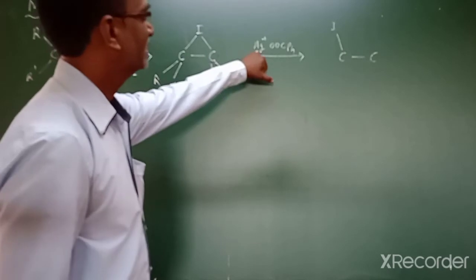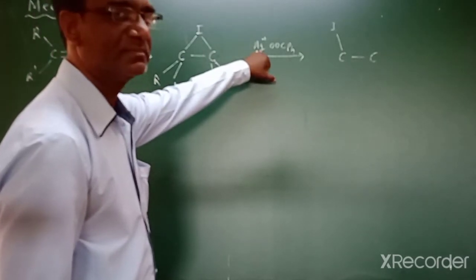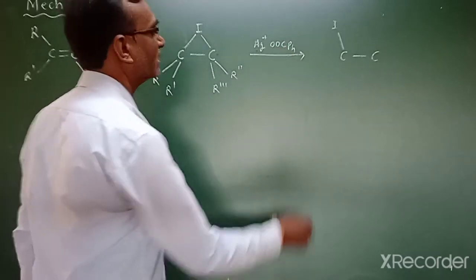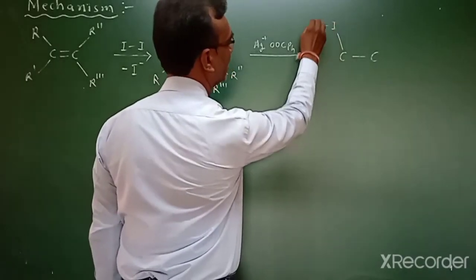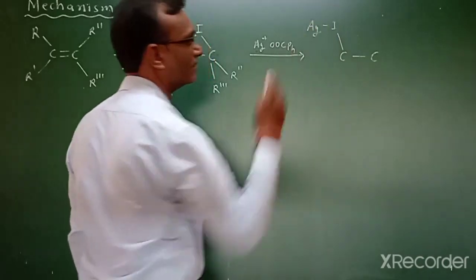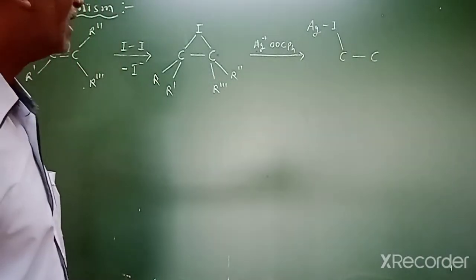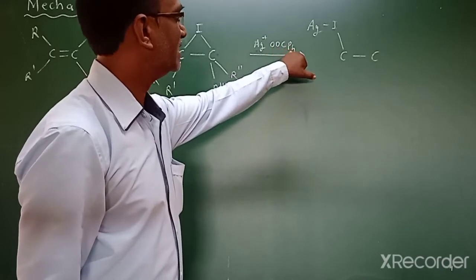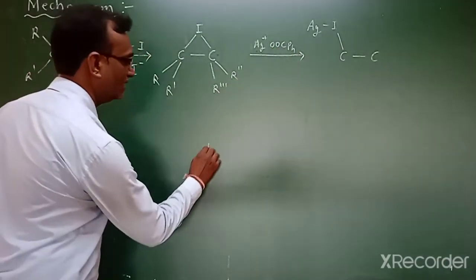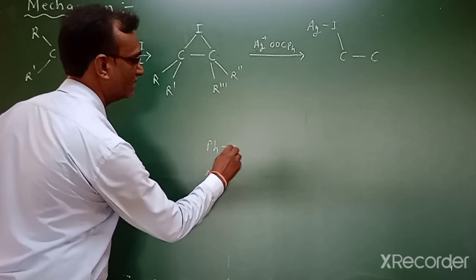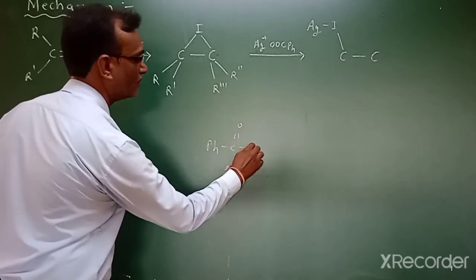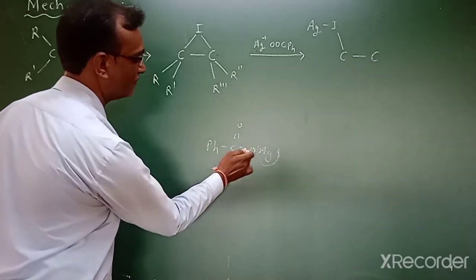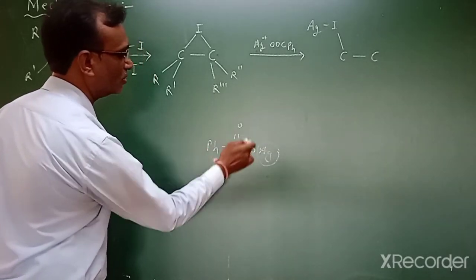After that, silver from silver benzoate gets bonded with this iodine like this. After that, the remaining part, OOCPh, actually it is PhC double bond OAg. This Ag is given out. What remains is PhC double bond O-O.